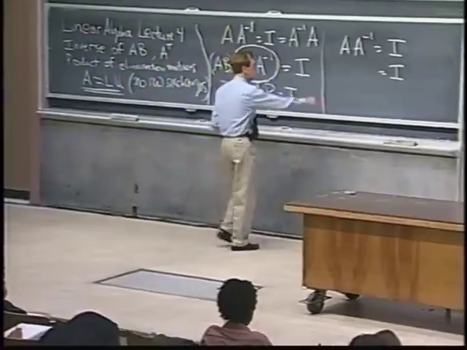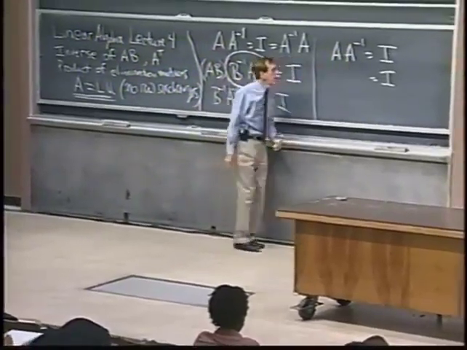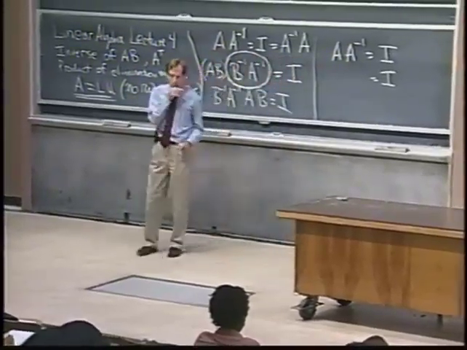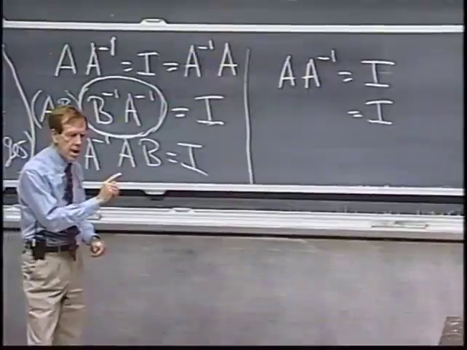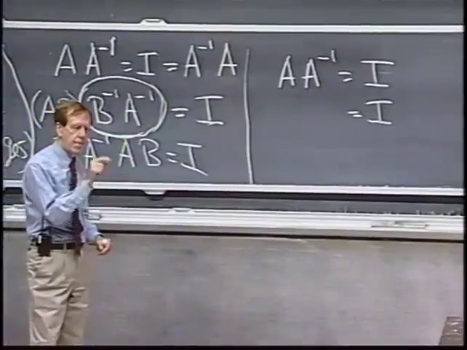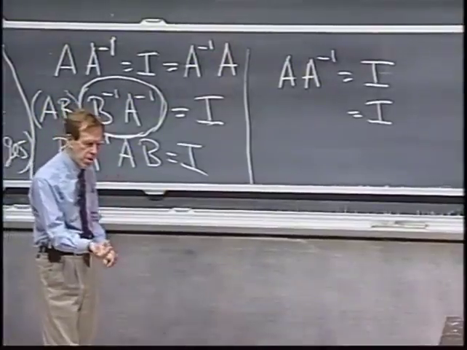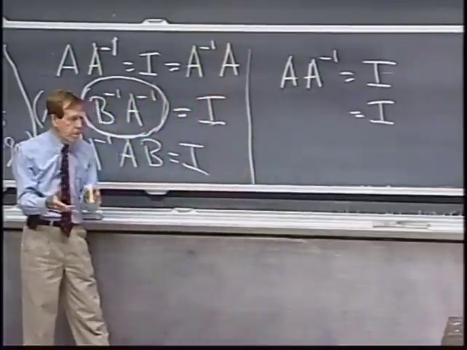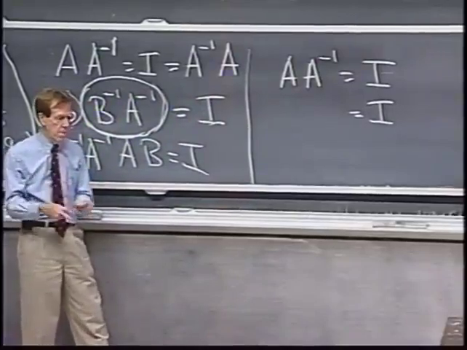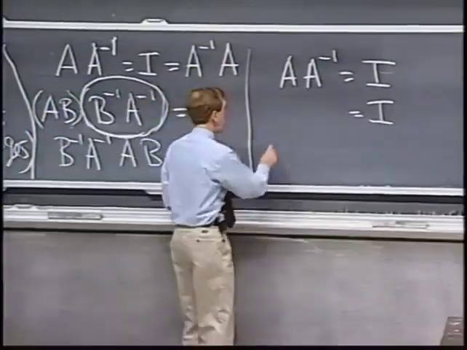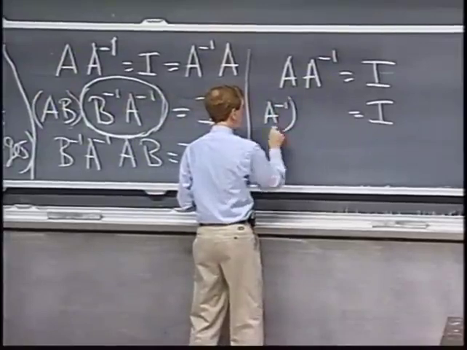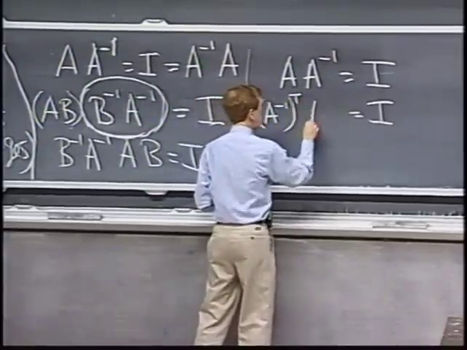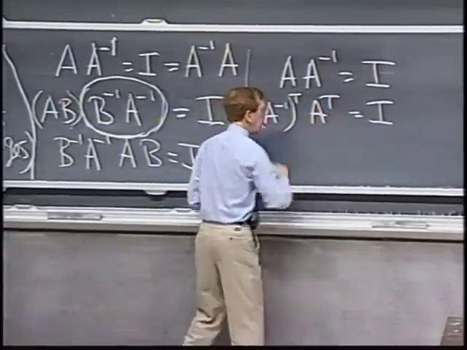If I transpose these guys, that product, then again it turns out that I have to reverse the order. I can transpose them separately, but when I multiply, those transposes come in the opposite order. So it's A inverse transpose times A transpose, giving the identity.